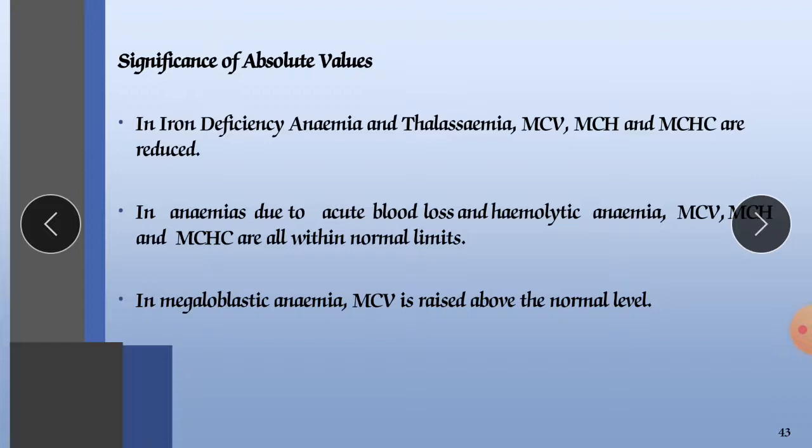In anemias due to acute blood loss and hemolytic anemia, MCV, MCH and MCHC are all within normal limits. In megaloblastic anemias, MCV is raised above the normal level.